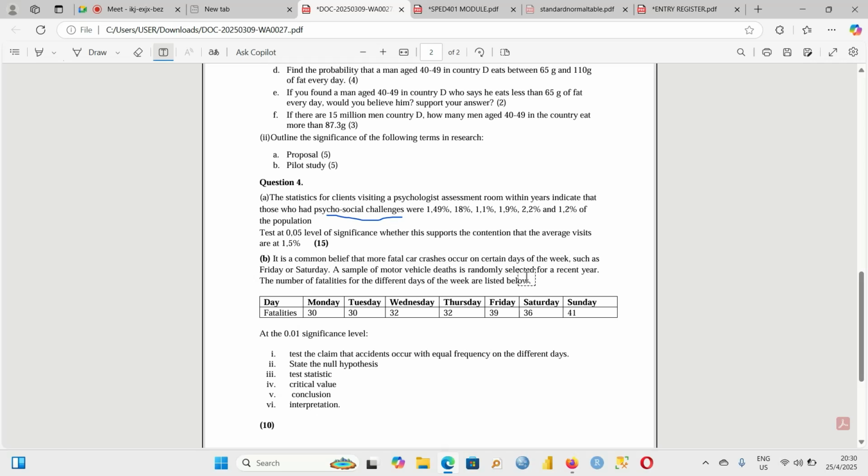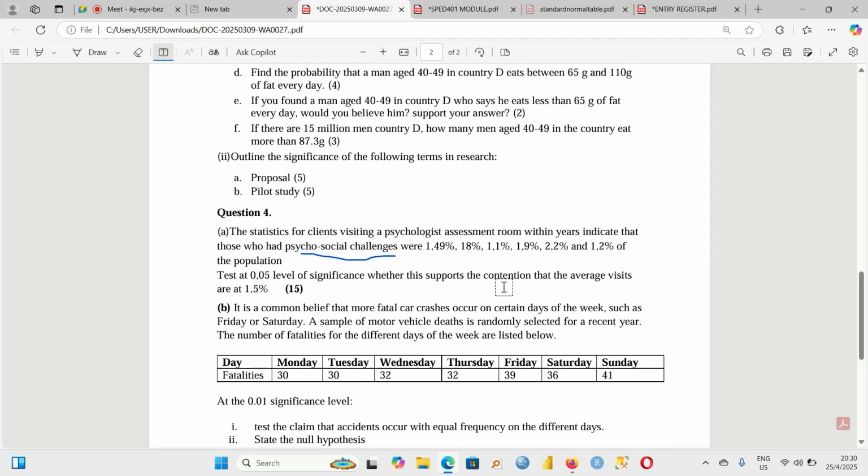The maximum goes to 2.2. One value looks abnormal, I guess it should be 1.8, because we have 1.9%, 2.2, 1.2 and 1.1 here. I think there was an error, but since it was an assignment, we just go with what is there.